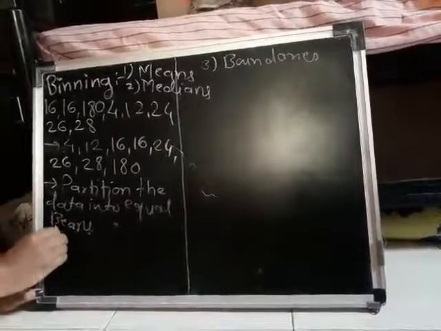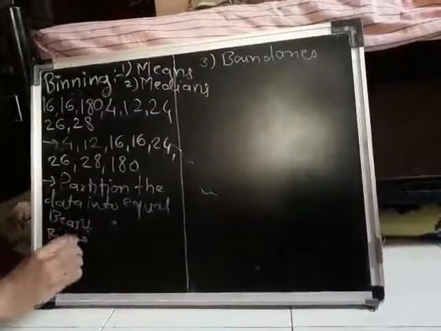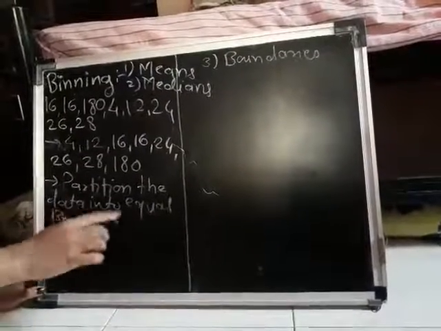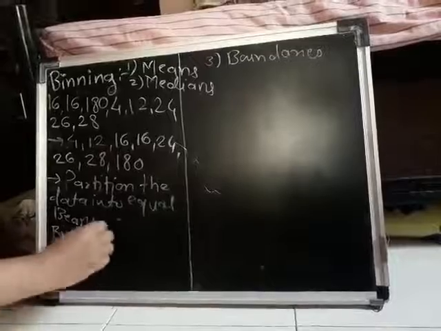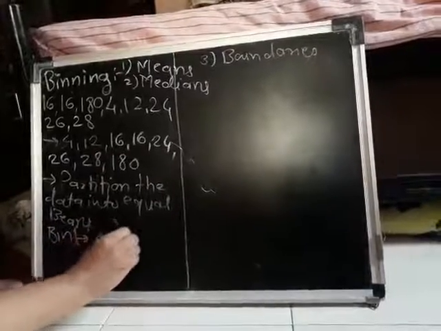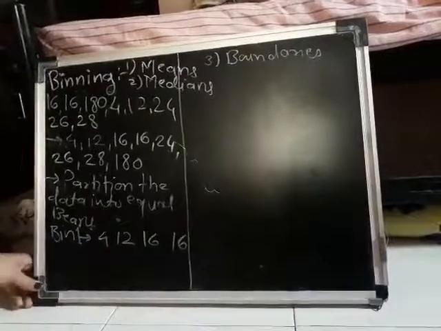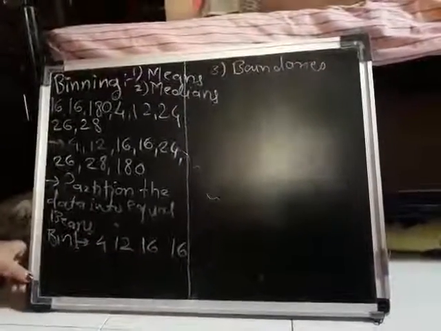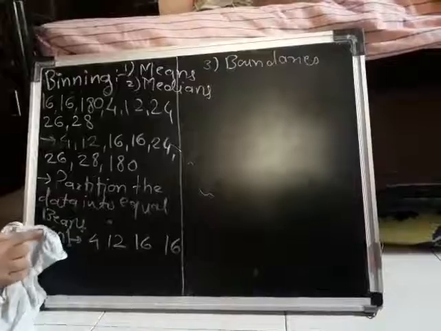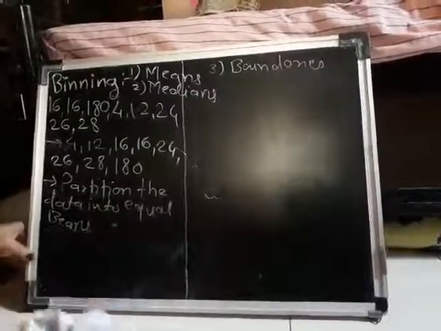So what will be the next step? Or what will be the output of this? Bin 1, partition the data into equal bins. So bin 1 is 4, 12, 16, 16. This is what I will write over there. Right?